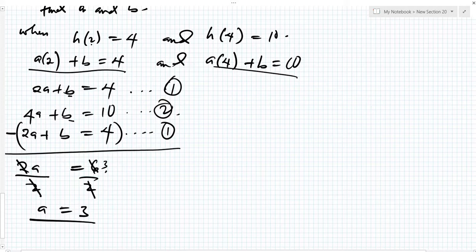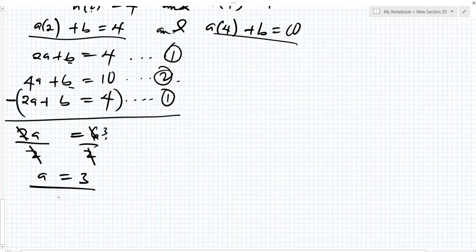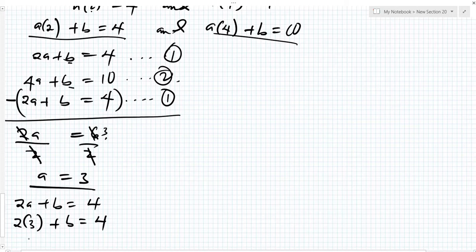So since a is equal to 3, if you substitute a equal to 3 into equation 1, where you have 2a plus b is equal to 4, you have 2 into 3 plus b equal to 4. So 2 times 3 is 6 plus b is equal to 4.